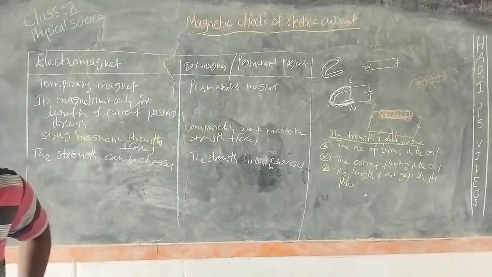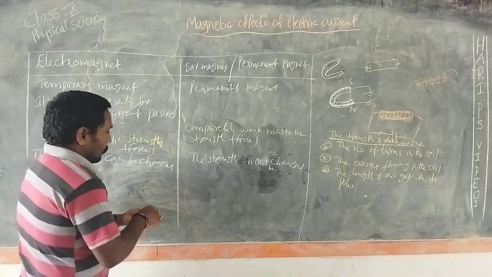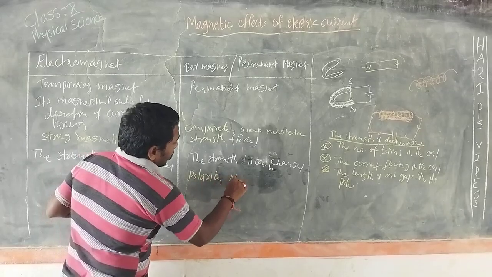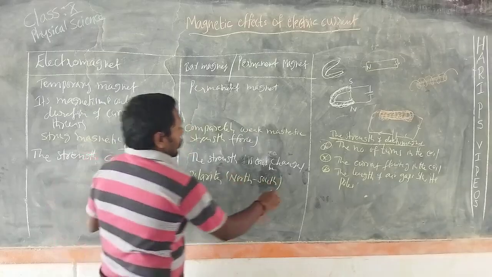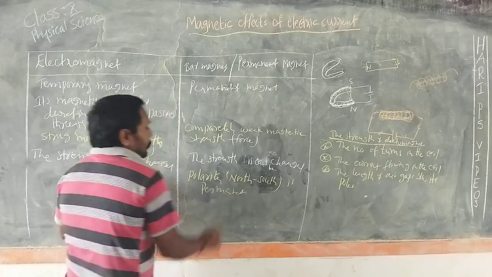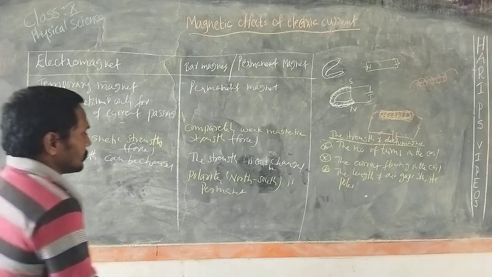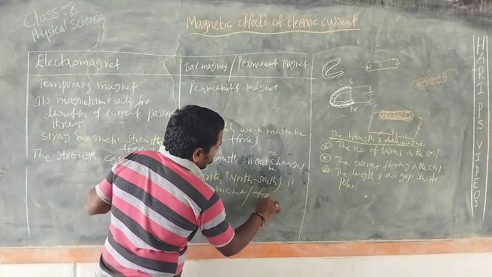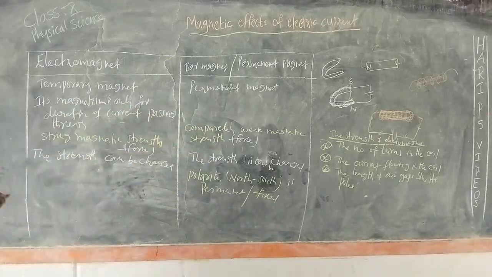The north-south pole polarity of a permanent magnet is fixed. Polarity means north-south. North-south is permanent, so polarity is fixed. We cannot change the polarity in the case of a bar magnet or permanent magnet.